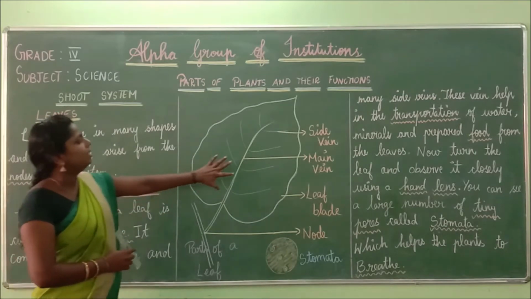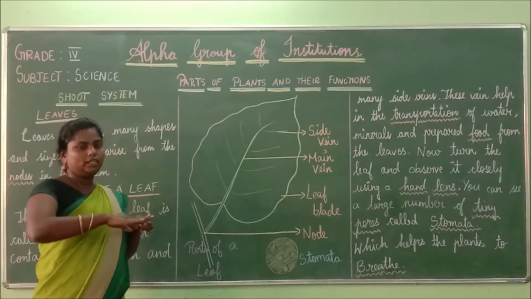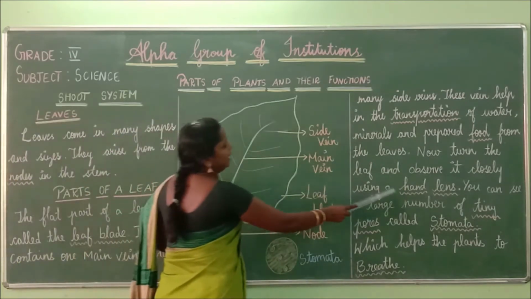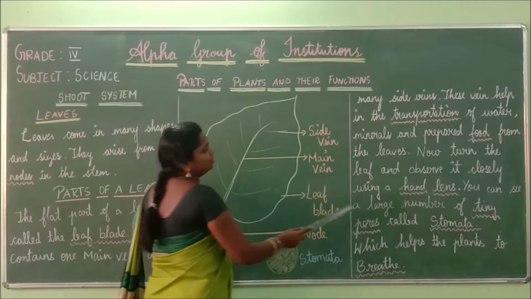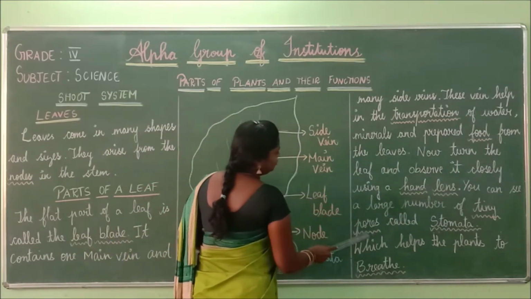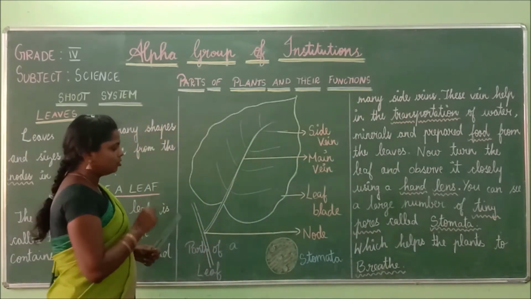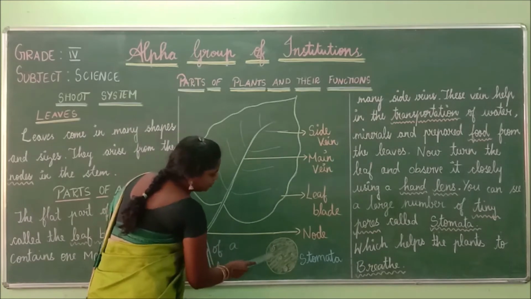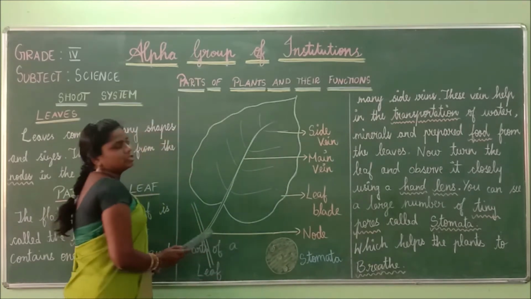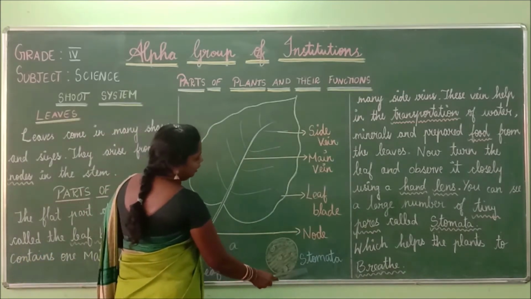When you turn the leaf and closely watch it with the hand lens, you can see a large number of tiny pores, which are called stomata. What is it called? Stomata.